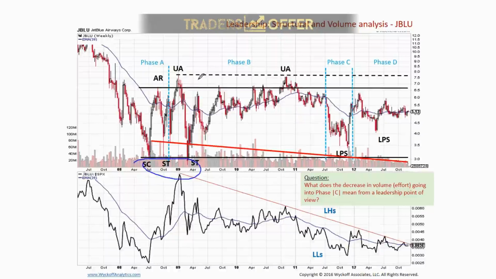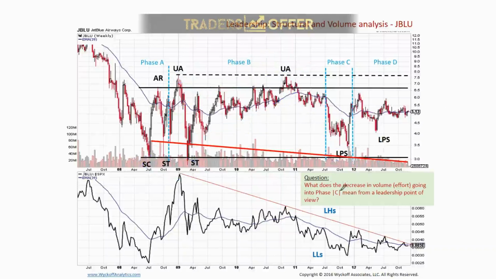Again, please note how phase B is being developed: a high here relative to the previous highs, higher lows, higher highs. What does that suggest for phase C? Well, we're definitely thinking that there is some kind of structural strength, so the attempt to sprint is probably going to fail, and we're probably going to have the LPS as a higher low, which happens exactly the same way.